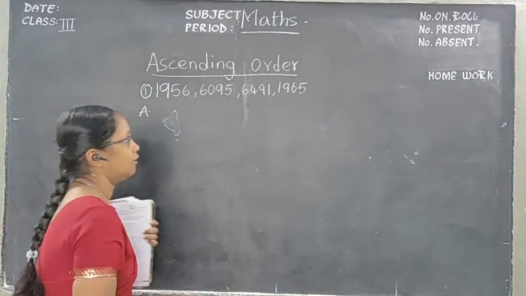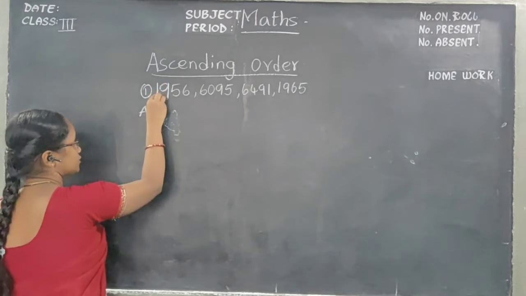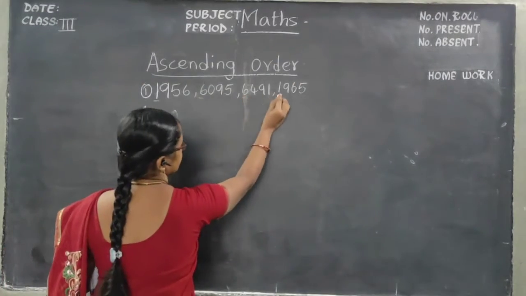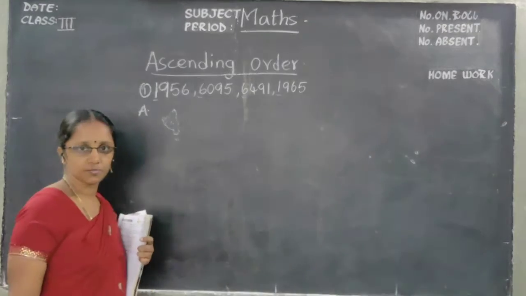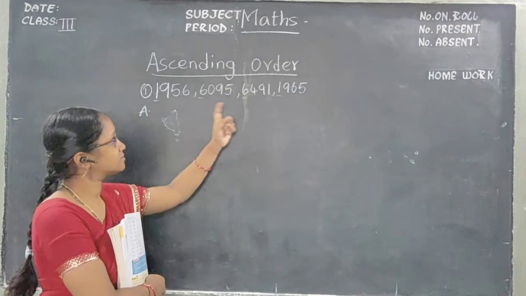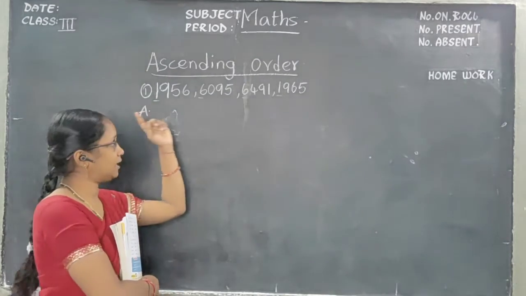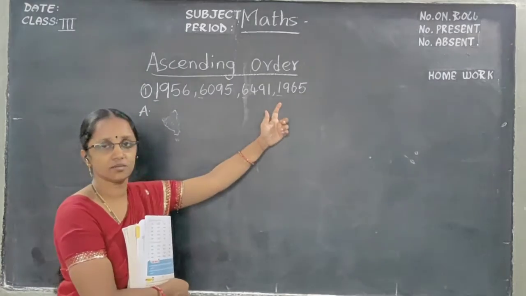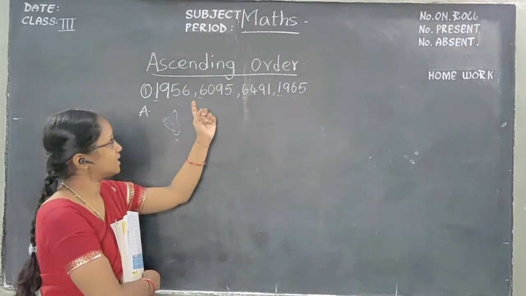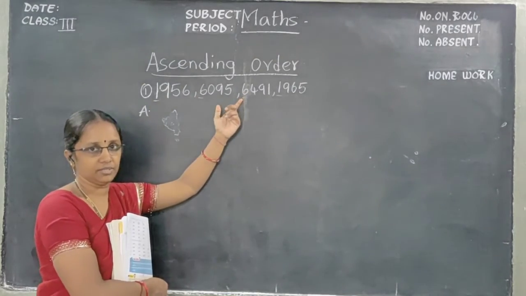Children, first of all you should see the number in the thousands place. In thousands place what number is there? Here 1661. This one and this one, the 6 is common. Same numbers, right?